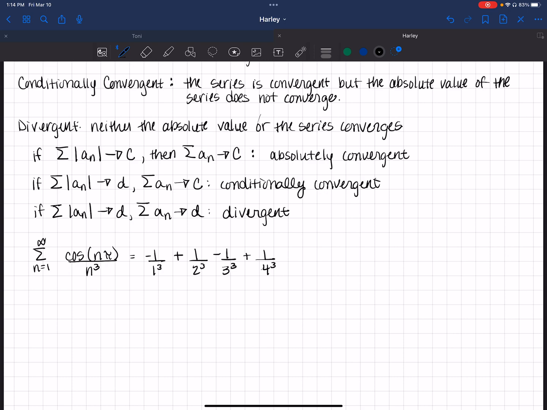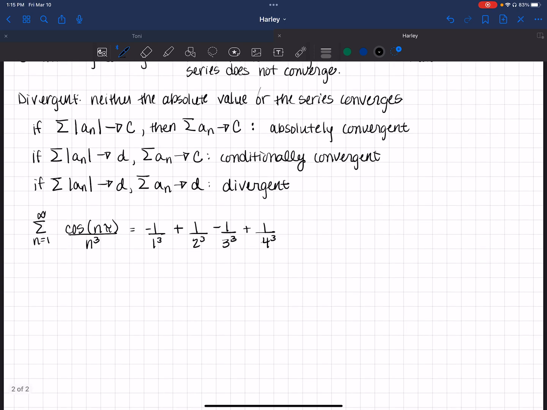I'm going to now check on it being absolutely convergent, because if that absolute value portion is convergent, then the series itself is going to converge, and I can say absolutely convergent. So if I take the absolute value of this, what do I wind up getting?